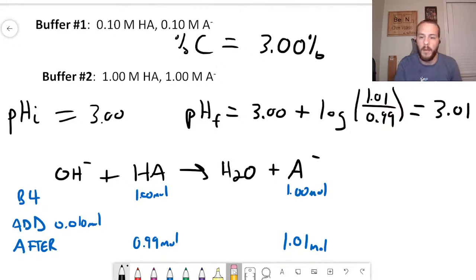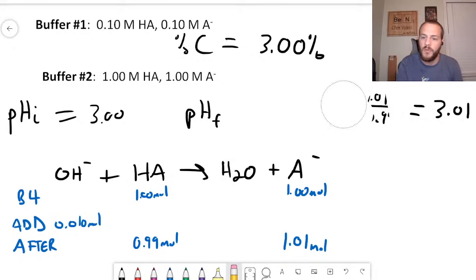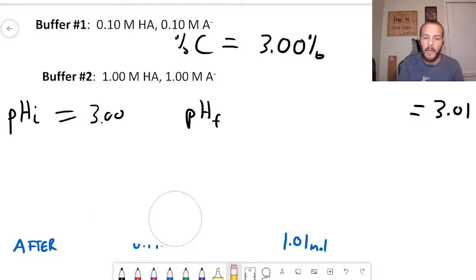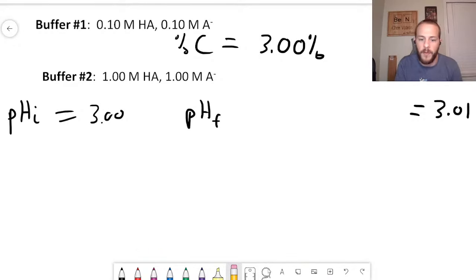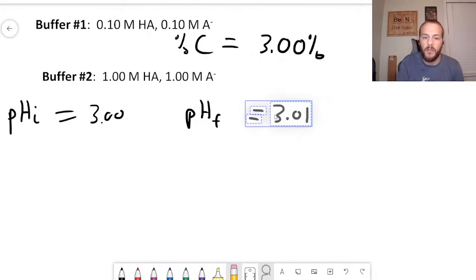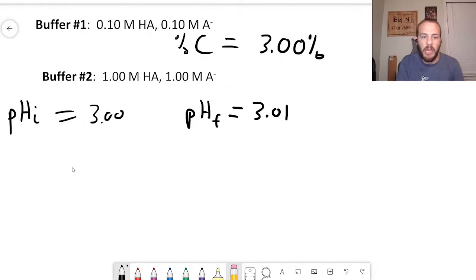So I'm going to go ahead and erase all this calculation. I won't be needing it anymore because I got what I wanted out of it. So we have our initial pH, we have our final pH. Now we can calculate the percent change in pH, right?